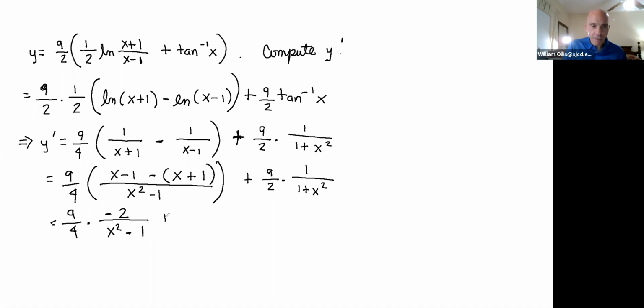And then of course we have plus 9/2 times 1. I'm going to write the x squared first because that's going to make it a little easier to get a common denominator. Again, we're going to have another difference of squares. Now notice the 2 here will absorb right there. So that's going to give us a 9/2 on both sides. So we'll just say 9/2.